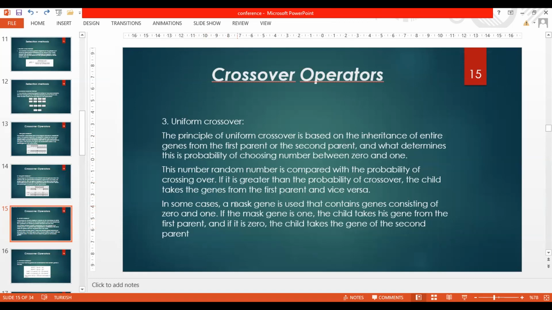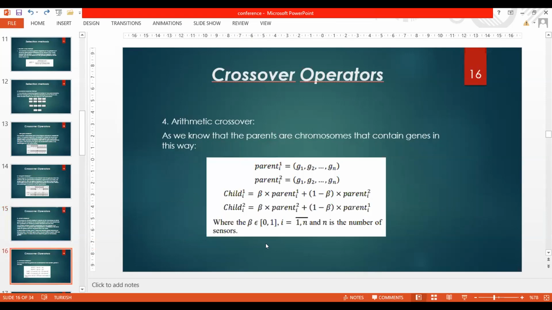If it is greater than the probability of crossover, the child takes the genes from the first parent and vice versa. In some cases, a masked gene is used that contains genes consisting of 0 and 1. If the masked gene is 1, the child takes his genes from the first parent, and if it's 0, the child takes the gene of the second parent.